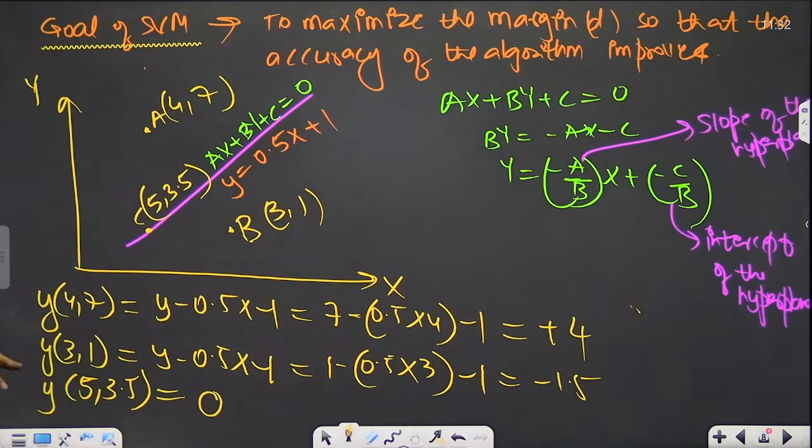You just put all these points, y as 3.5 and x as 5, and you would be getting this value as 0.